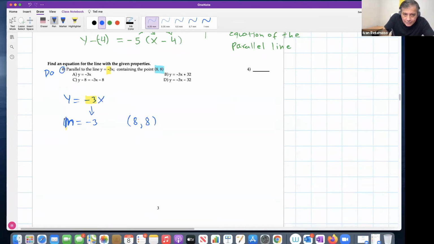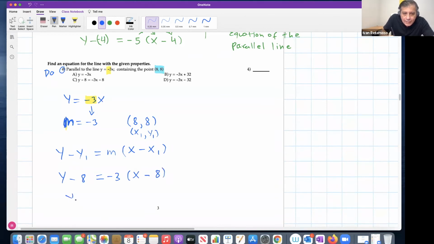So using this slope and this point, I write out the equation of the line in point slope form, which is this. I label this guy as x1 comma y1. And then I substitute y1 with 8, slope with negative 3, the slope of the parallel line, and x1 is just 8.